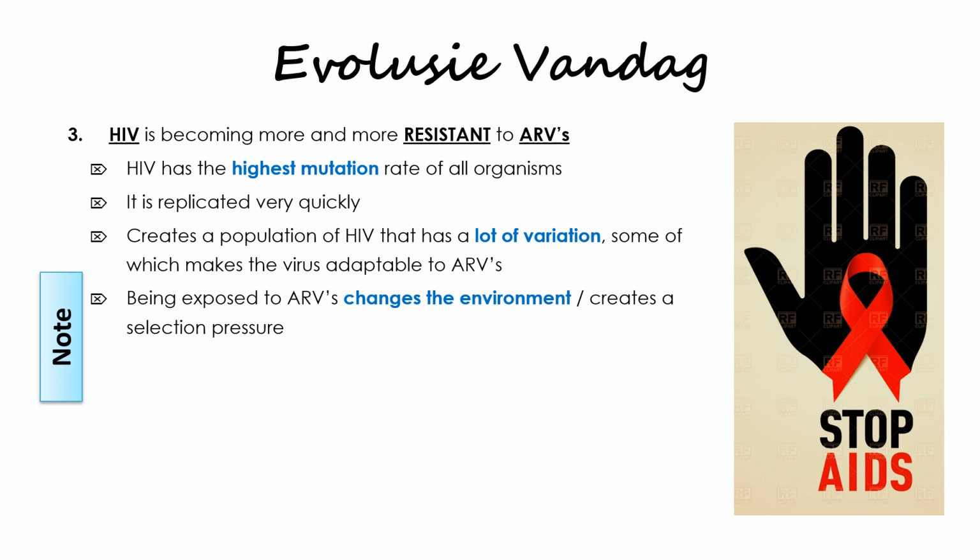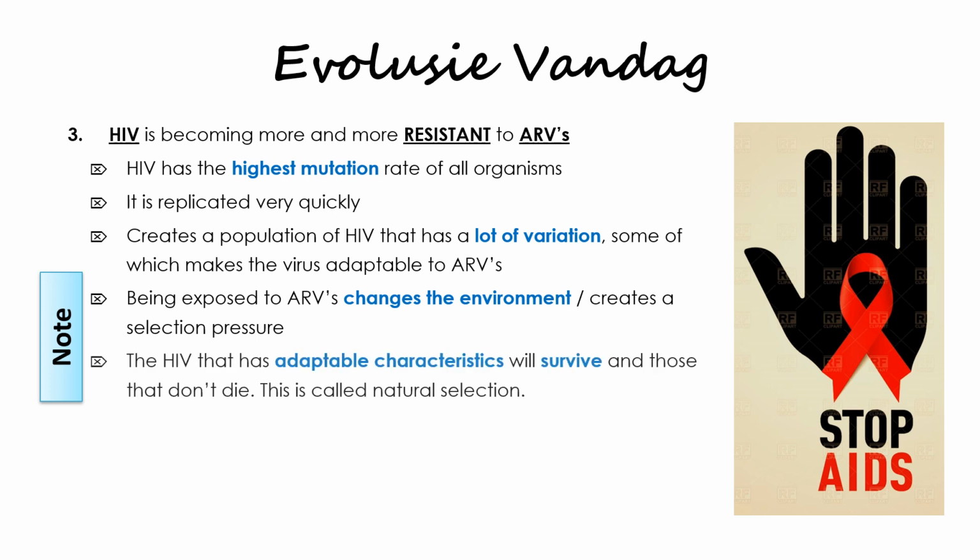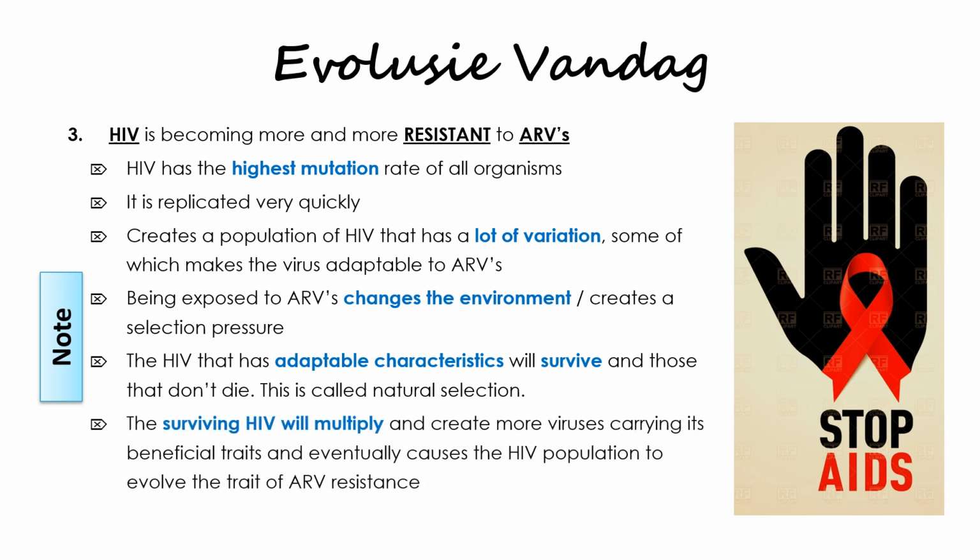And when they are exposed to ARVs, those that have a certain mutation that makes them adaptable, they will survive. Those that can't, they will die out. So dit is dieselfde storie wat jy nou so half net oor en oor weer deurspeel. So jy moet een van hierdie kan deurgee in die eksamen, maar ek glo nie dit is 'n probleem as jy net die basiese rympie van natuurlike seleksie volg nie.